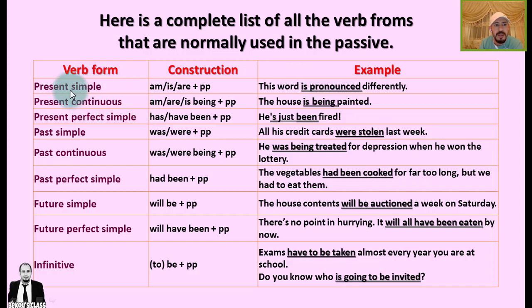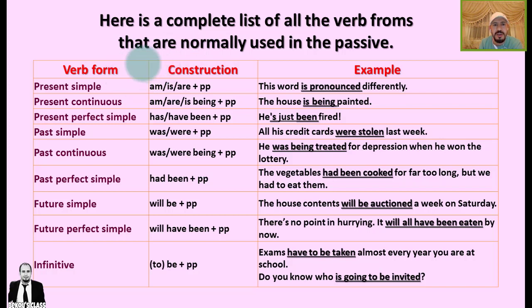For example, the present simple. In the present simple you should follow this construction. You have to put the verb to be in the present simple, either am, is, or are, plus the past participle of the main verb. So what is the past participle?